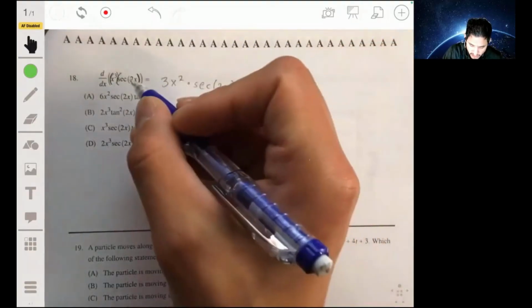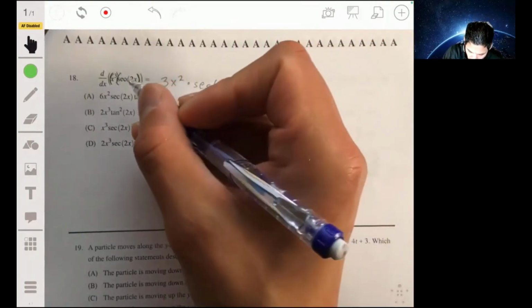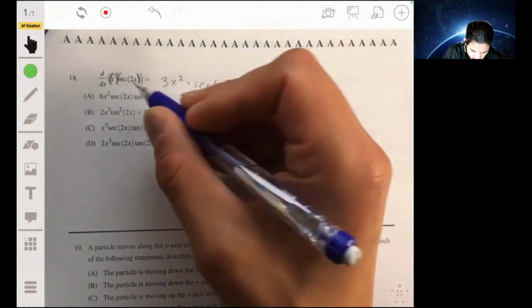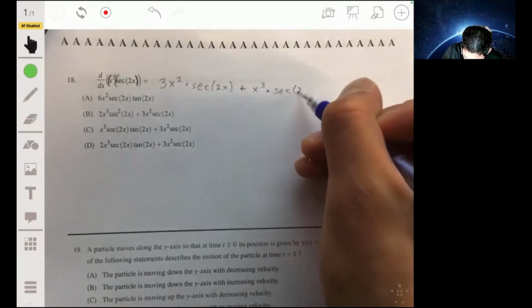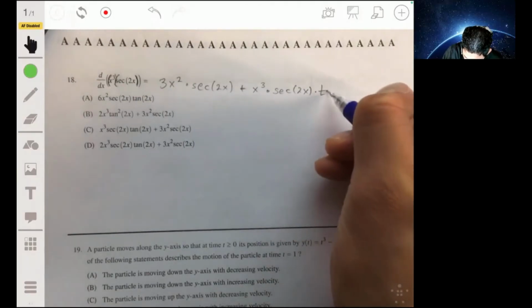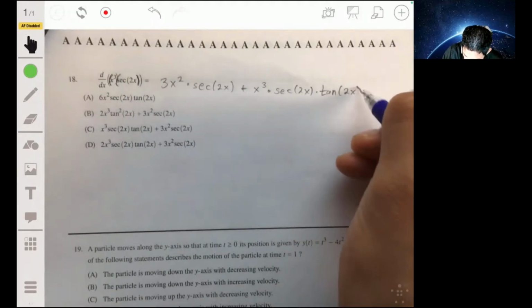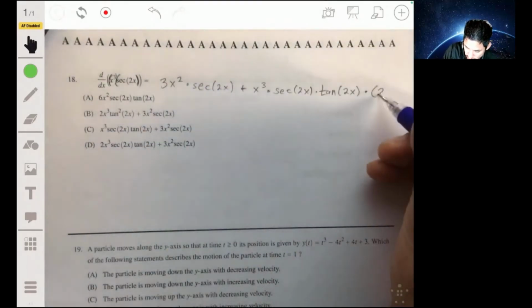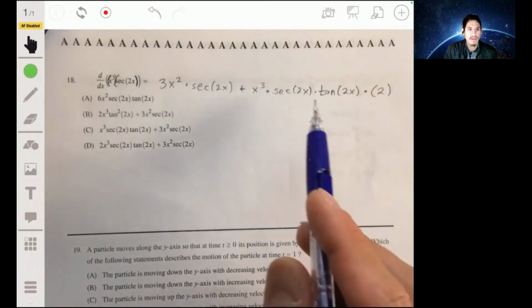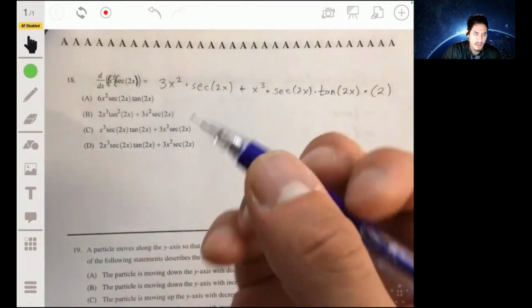So the derivative of the secant of 2x will be the secant of 2x times the tangent of 2x multiplied by the derivative of 2x, so it'll just be 2. And then from here, we just simplify it.